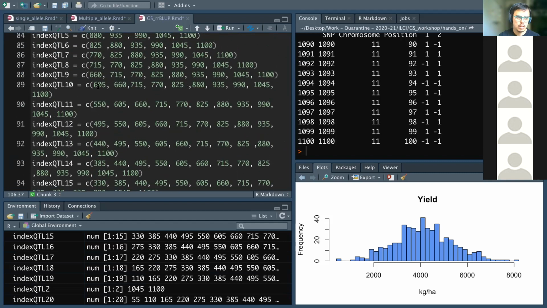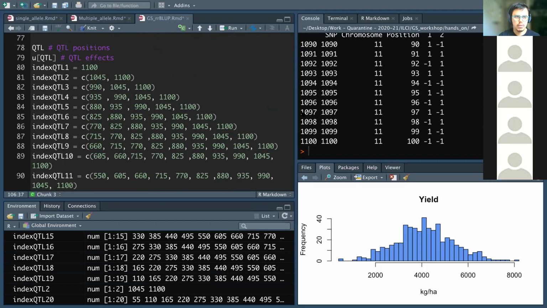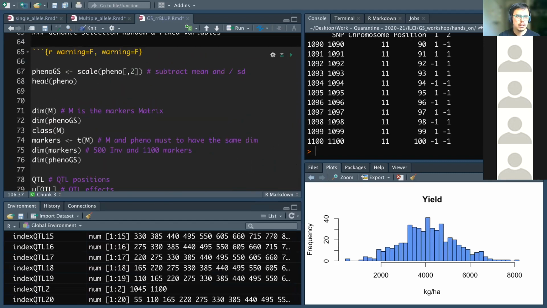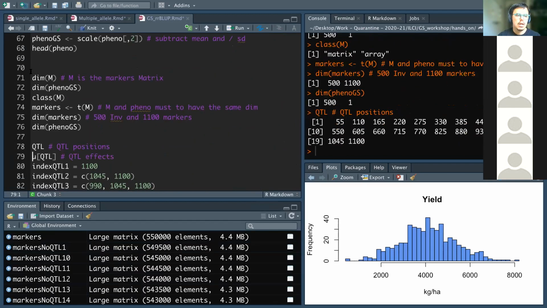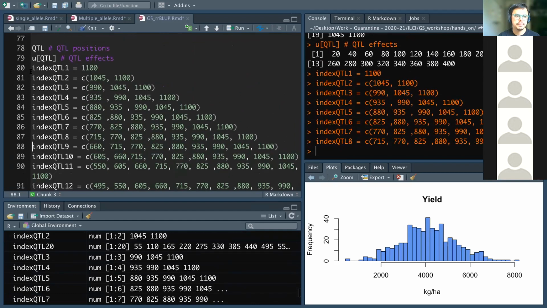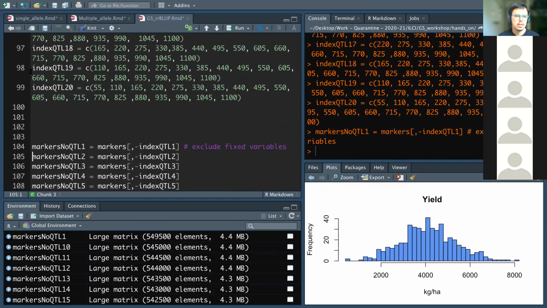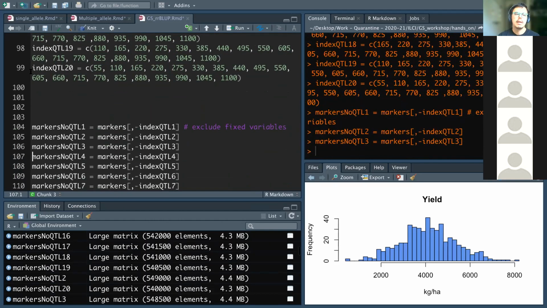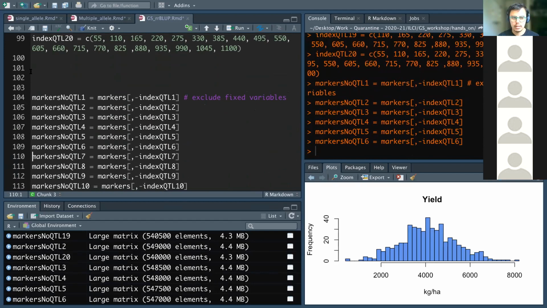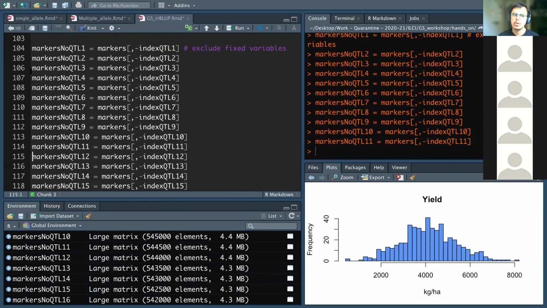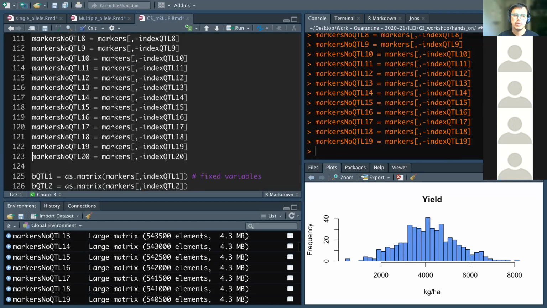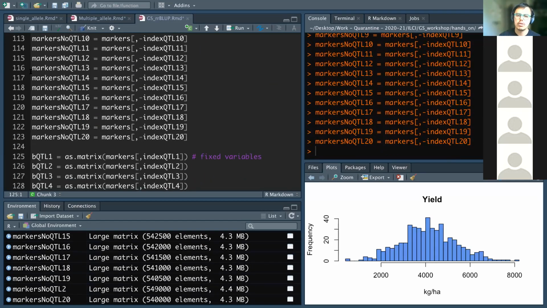I think I was here. Now we have to remove those fixed effects from the molecular markers, because we're going to use all the molecular markers as random effects.